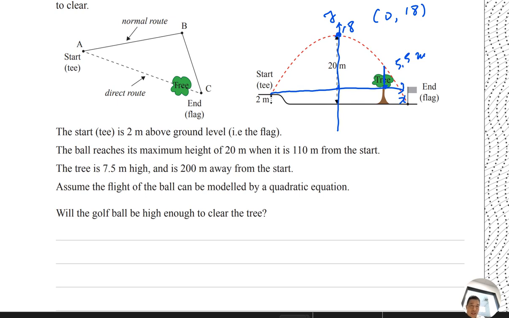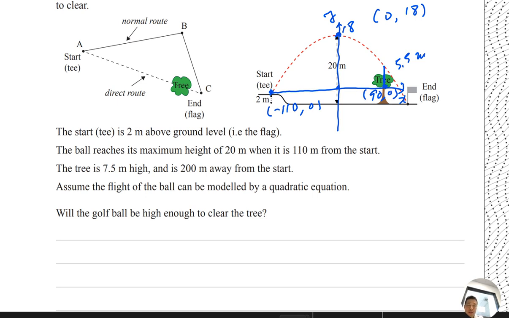It says this is 110 meters from the start, so that point must be (-110, 0). And from here to there is 200, so that must be 90, so that point's coordinates are (90, 0).